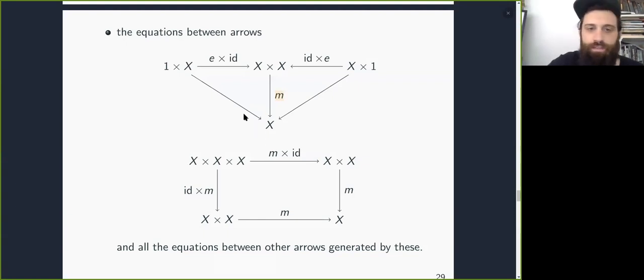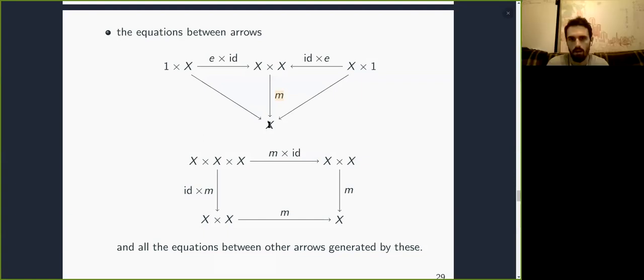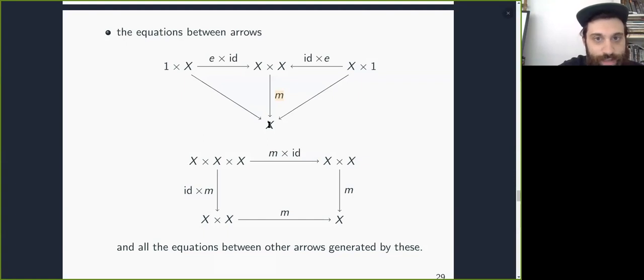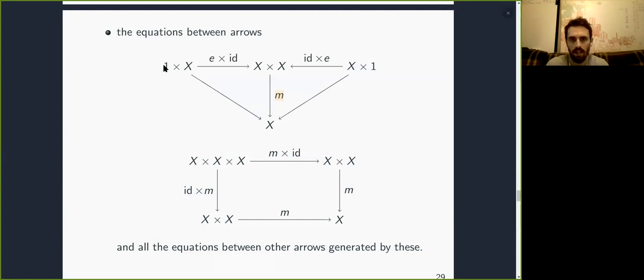So I am being a little bit glib here, in that here I'm saying 1 cross X or 1 times X, and here I'm saying X. And in grade school when we learn multiplication, we learn that 1 times anything is equal to that thing. Where in category theory, there are different levels of equality, and this is like a tuple, right? It's like 1 comma X, and we're just forgetting about the 1, basically.